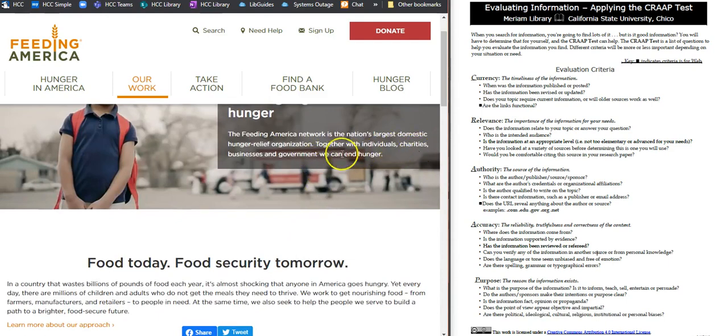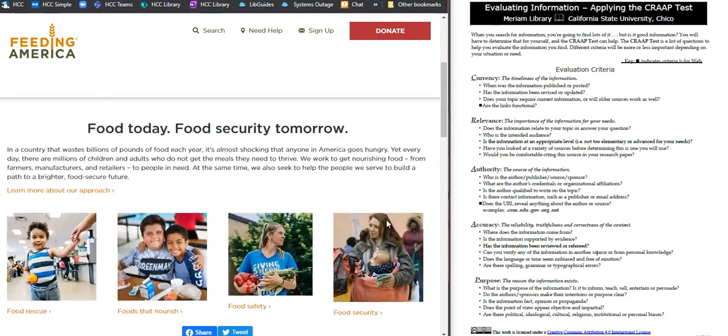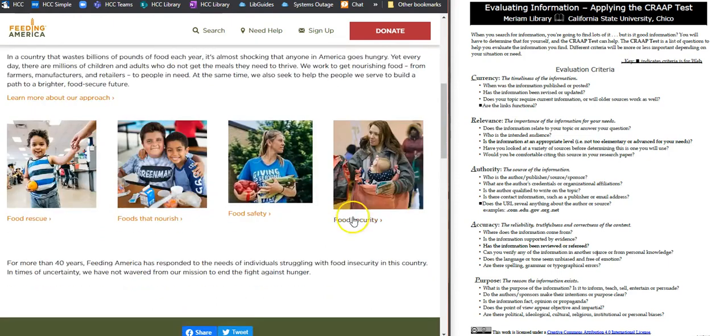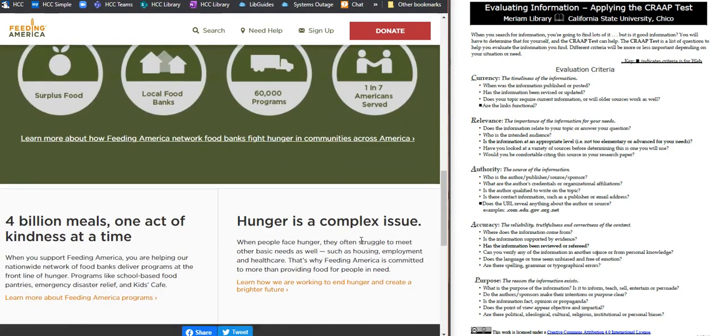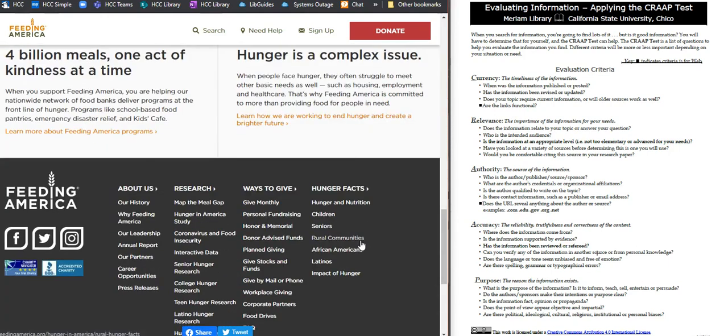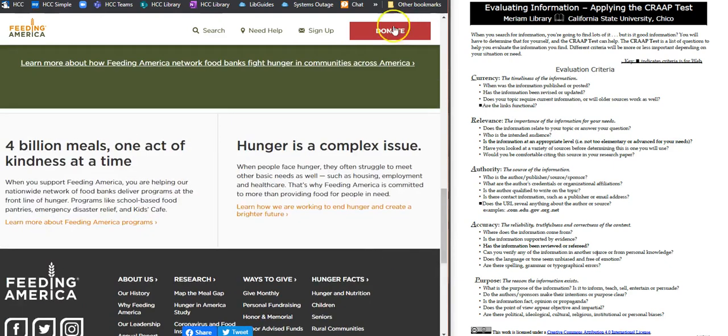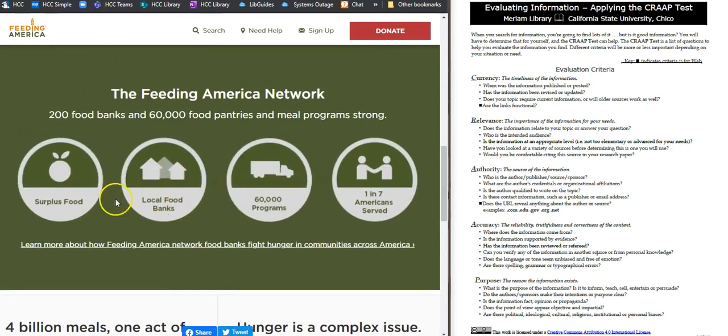So they work with individuals, charities, business, and government. It looks like to educate, to feed people. So they are providing this information to educate and also, I'm assuming, to get donations and probably to organize local food banks, and it looks like surplus food.